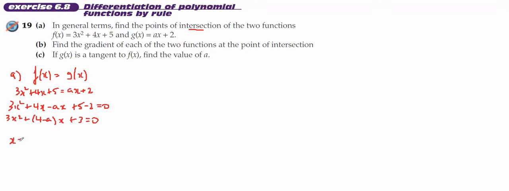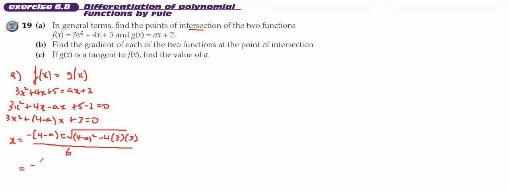That will tell me that x will equal minus b, so minus (4 minus a), plus or minus the square root of b squared, so (4 minus a) all squared, minus 4 times a, which is 3, times c, which is 3, all over 2a, which is 6.